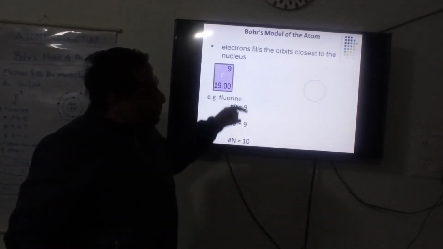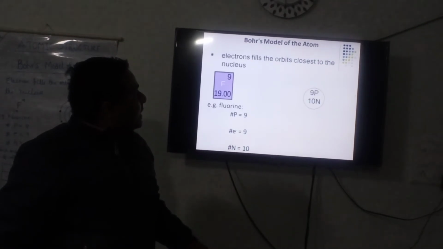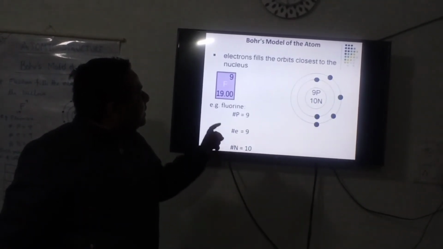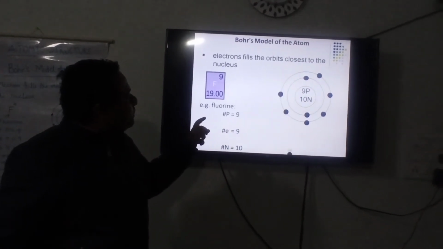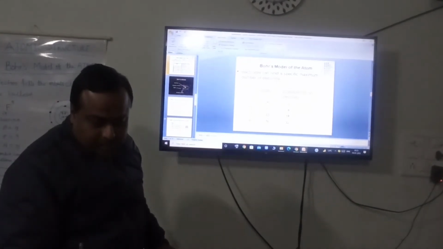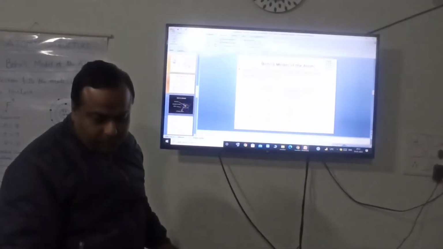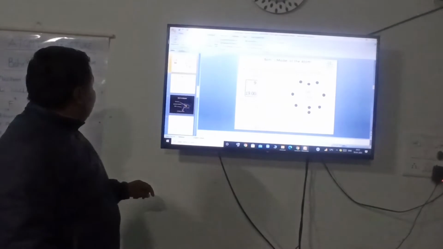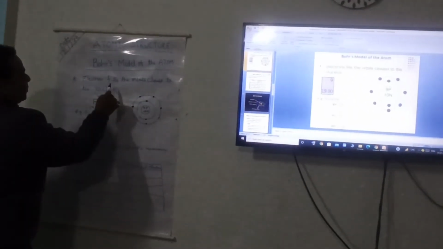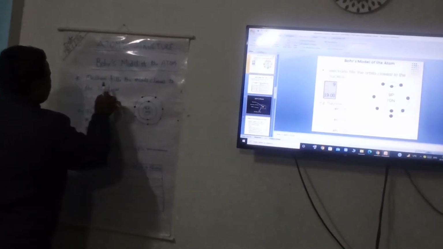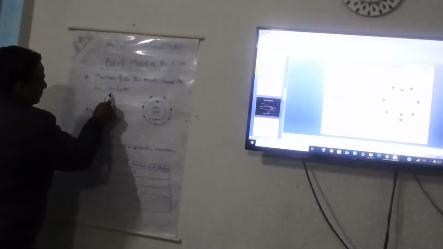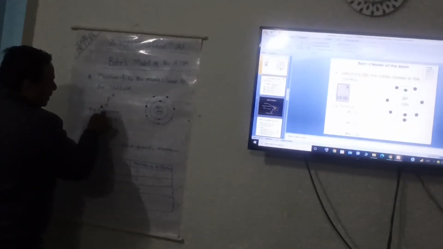Now, according to Bohr's model of an atom, we have taken the example of fluorine. In this fluorine model, electrons fill the orbit closest to the nucleus first. In fluorine, 9 is the atomic number and 19 is the atomic mass.